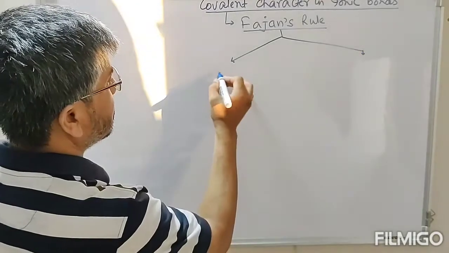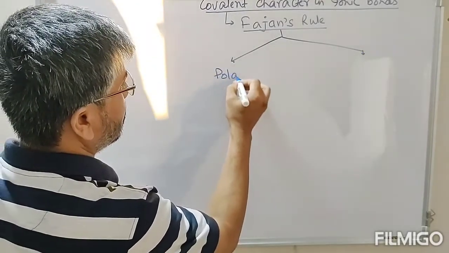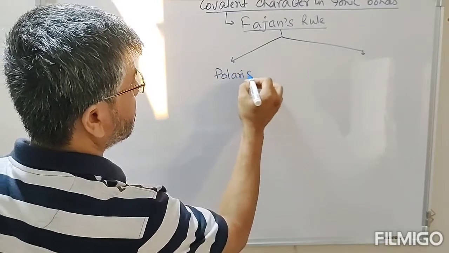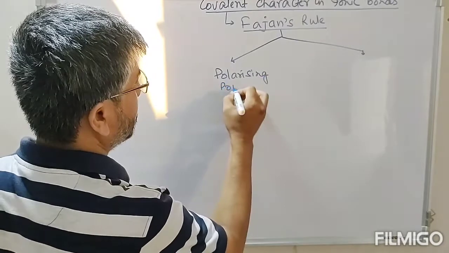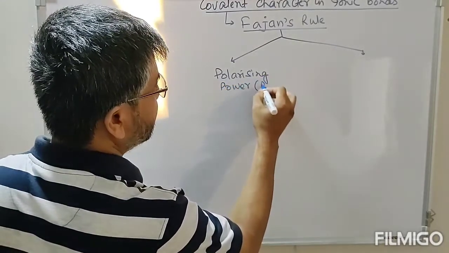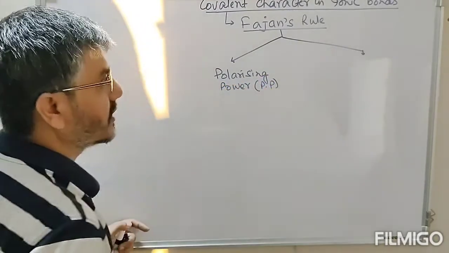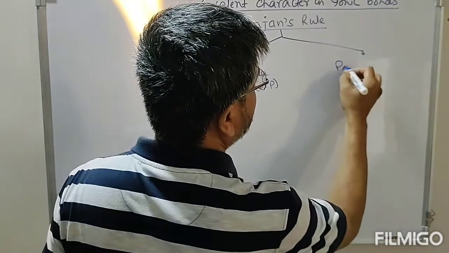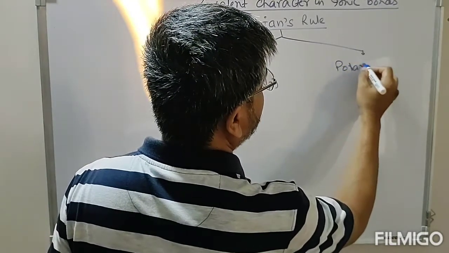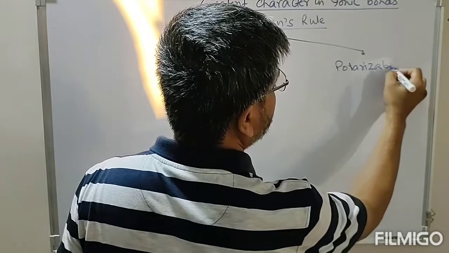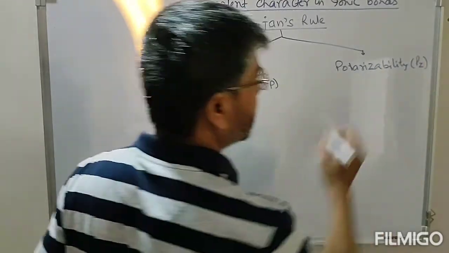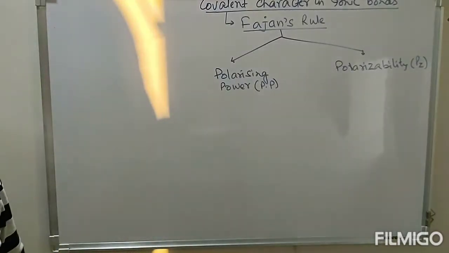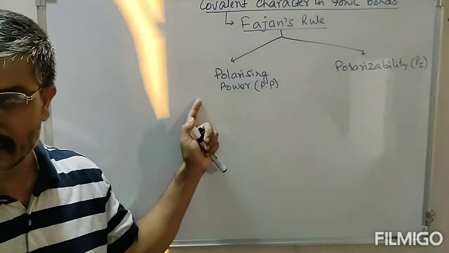One is known as polarizing power, simply I am mentioning this as P. The other one is known as polarizability, simply said PZ.